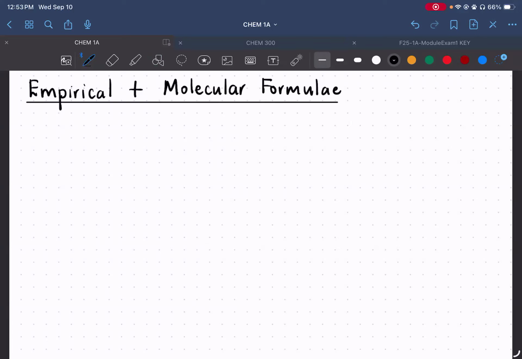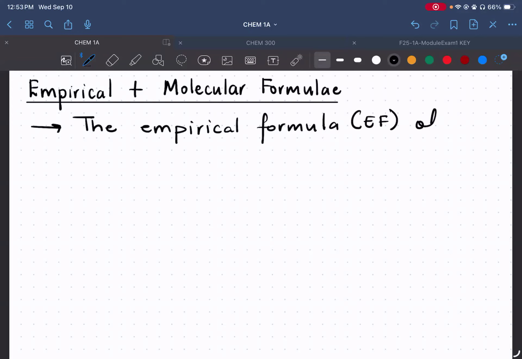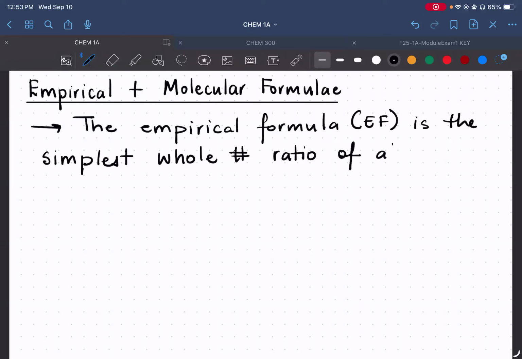All right, let's do a little definitions. The empirical formula of a molecule, or EF for short, is the simplest whole number ratio of atoms in a molecule.